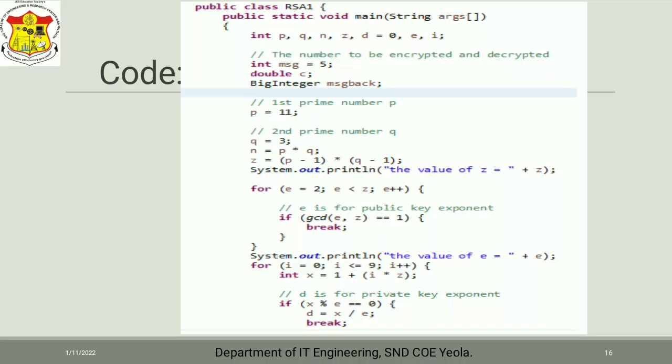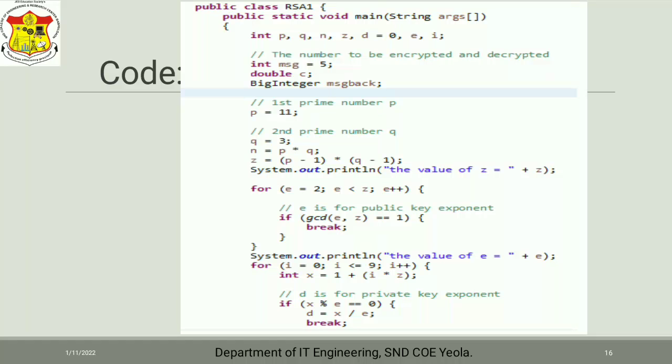We will take first for loop, that is e is equal to 2, e is less than z, and e plus plus, and which calculates the GCD of two numbers, that is e and z should be equal to 1. In next line, print the value of e, that is public key.